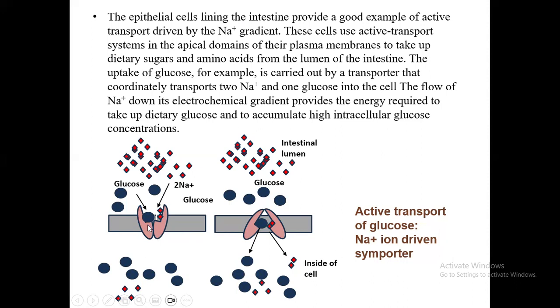So this is an example of a symporter where the glucose molecules are moving against their concentration gradient, that is, from low concentration to high concentration across the cell membrane, and this is facilitated by the presence of a high concentration of sodium ions on the outside of the cell.